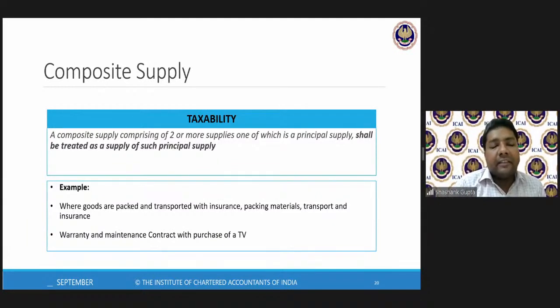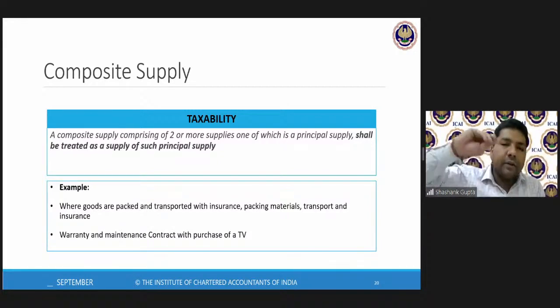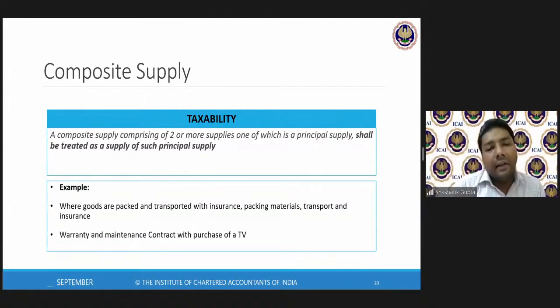So basically all of this is given. The GTA, the transporter, says, okay, you pay me this much amount, I will insure the goods, I will ensure that the packing material is placed properly, and I will undertake transportation and delivery. So this entire combination is again an example of a composite supply.